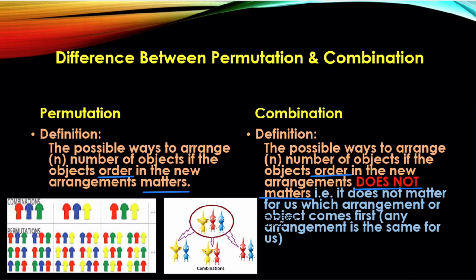permutation here, it will matter. Okay, so I have many arrangements. This arrangement differs from this arrangement, which differs from this arrangement. Here the green will appear first twice, then the blue twice. And so on. If we talk about the second position, blue appears second here and here, and green appears second here and here.